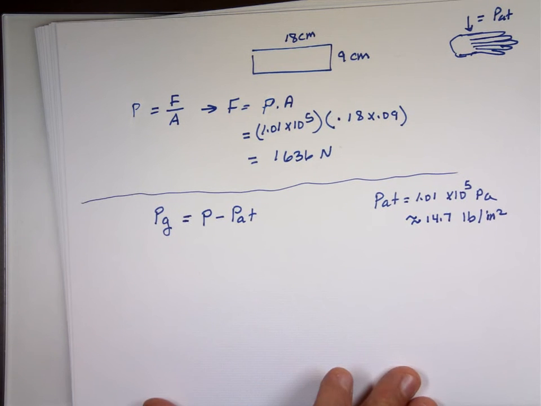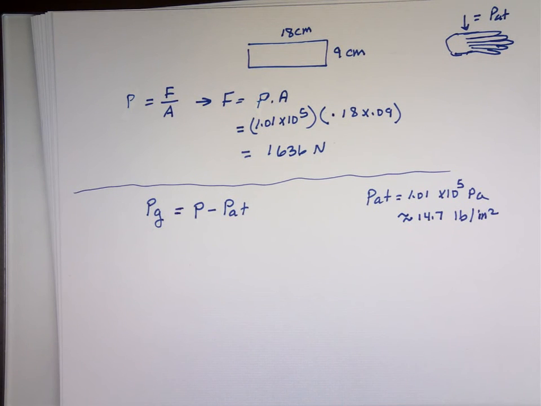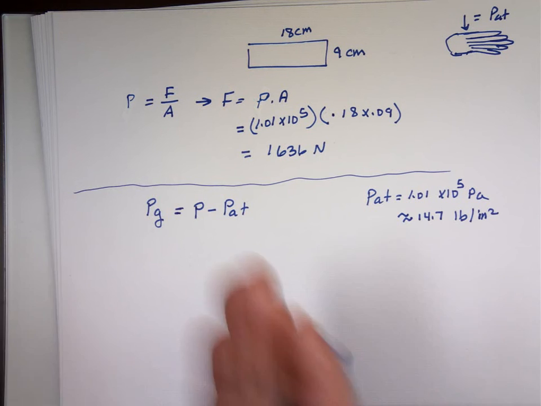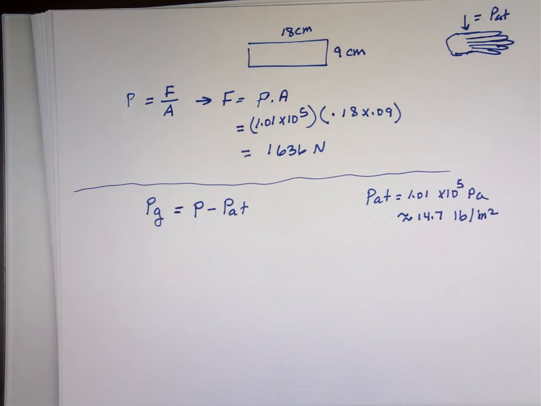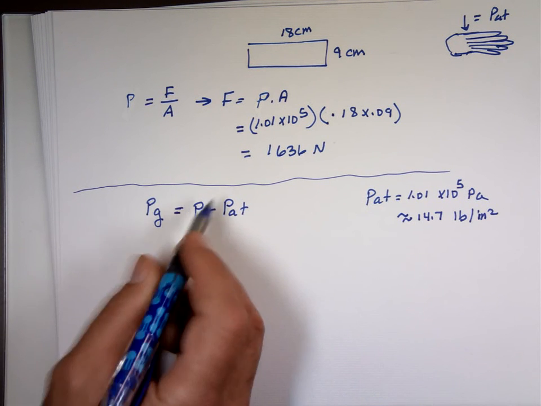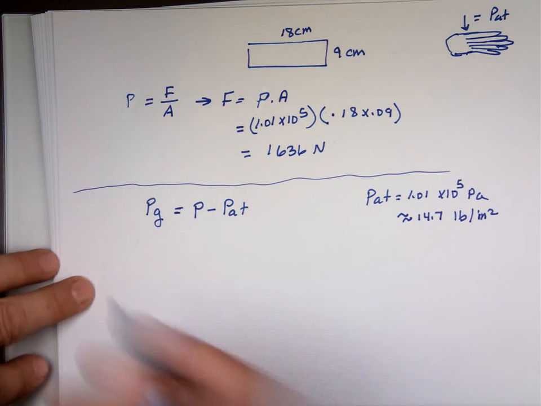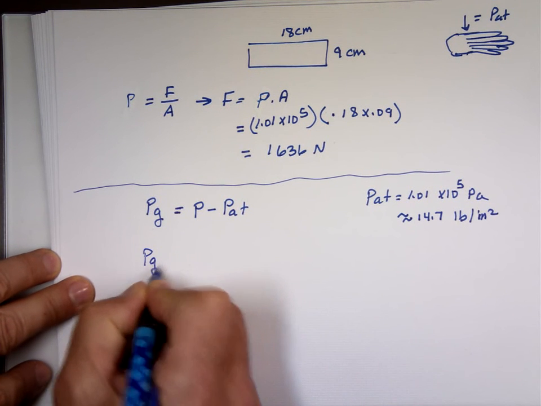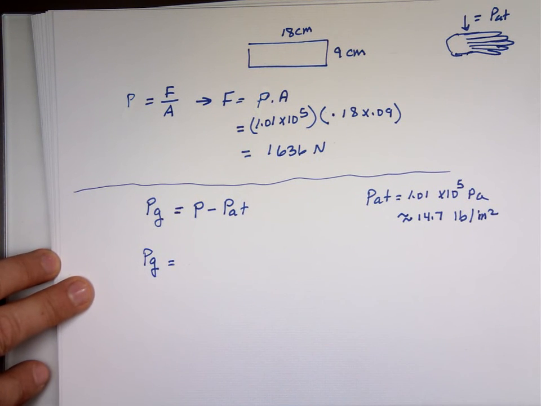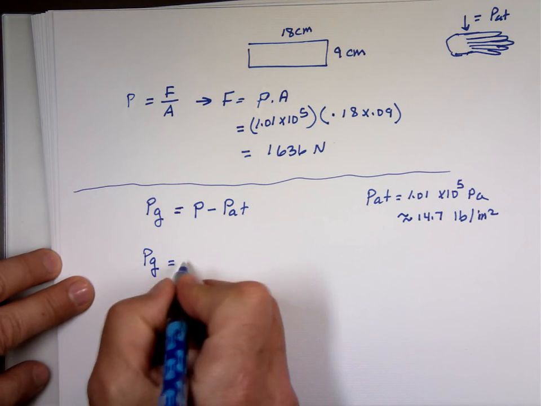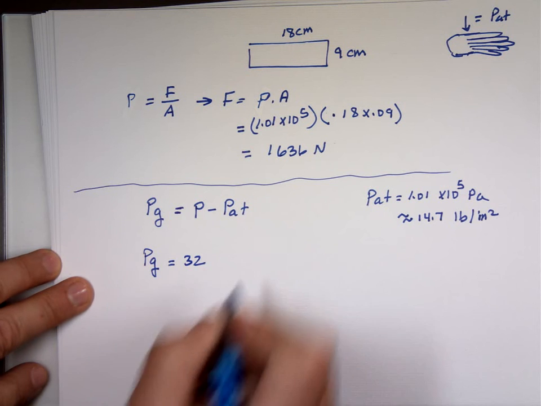Okay, so that's pressure and density. This topic is pressure, how we calculate pressure. Again, when you measure the pressure in your tires, it's called gauge pressure, which is the difference between the pressure of the tire and the atmosphere pressure. Let's assume the gauge pressure says 32 pounds per inch squared.